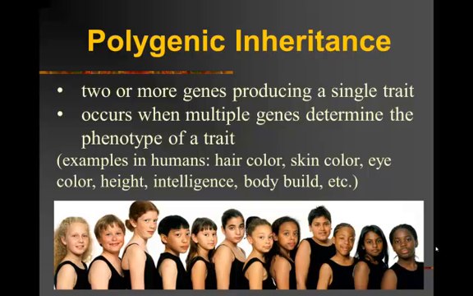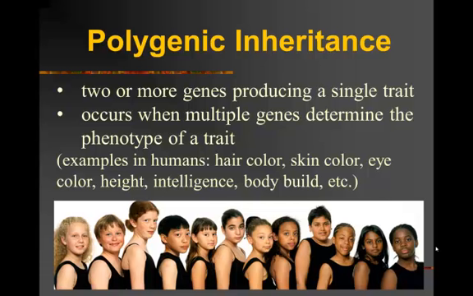That was it. So there was one or the other, no other possibilities. But when they started looking at other organisms and other traits, they found out it's not that simple. There are a lot of traits that are actually more than one gene. So it's 2 or more genes, which means there would be 4 alleles, 6 alleles, and so forth.